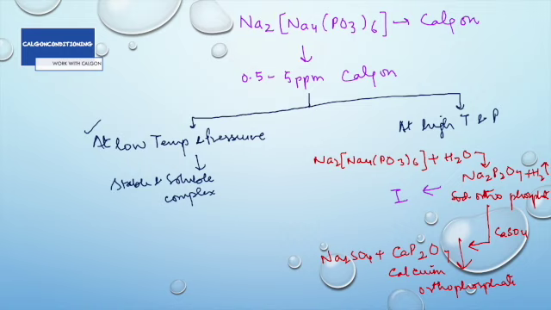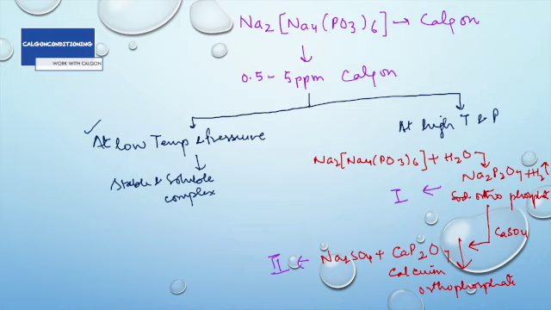This is our second step. This calcium orthophosphate appears as a loose sludge, and it is very easy for us to remove the loose sludge by the blowdown operation. That is the entire story of Calgon conditioning.